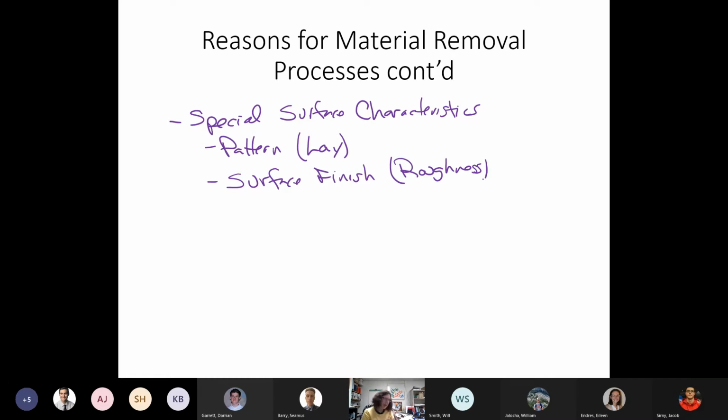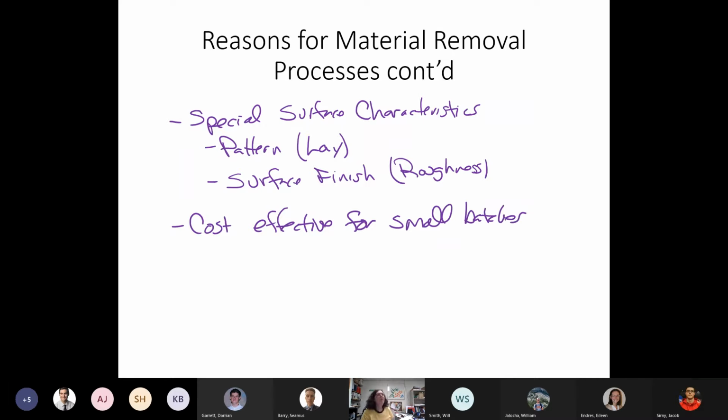Now, when we talk about a pattern, there's good and bad news with that. There are some machining processes that leave a pattern, and that's not always a positive. But there's also some machining processes that create a pattern itself, and sometimes we want that. And then it also can be cost effective for small batches.